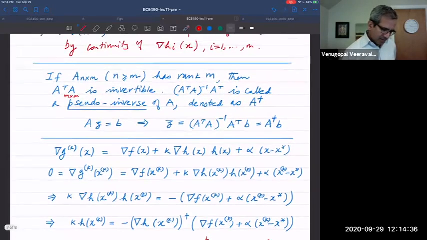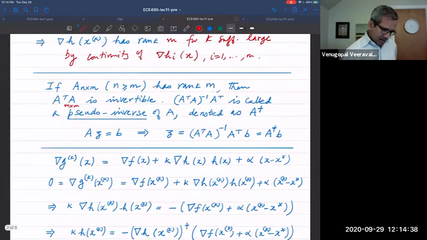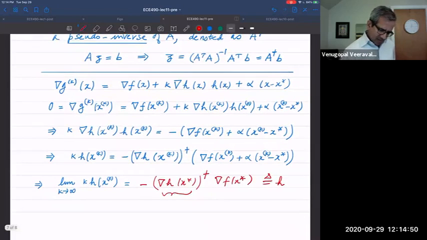Let me make sure it's all correct. N by m, A transpose. So this whole thing is an m by n. So, not h. So this is lambda. Sorry.